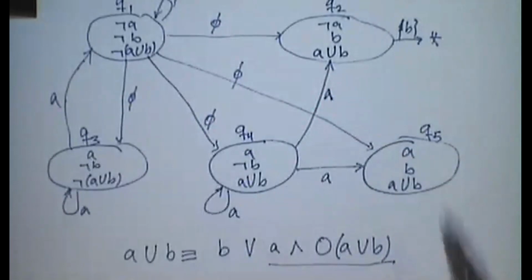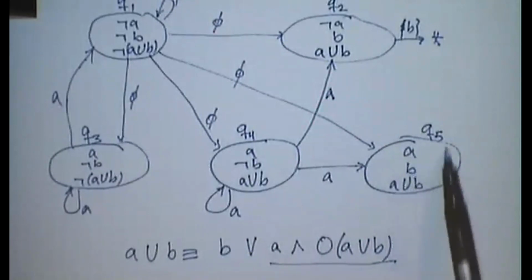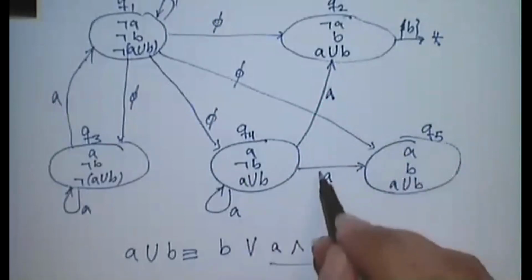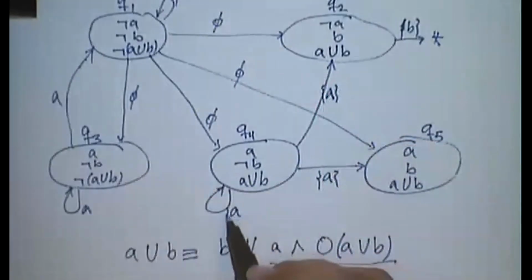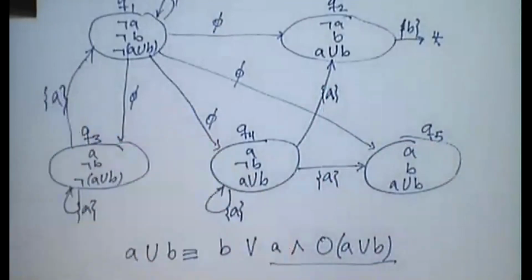Now, finally, what happens at Q5? At Q5, we have A and B and A until B, right? So first of all, any edge that goes out of Q5 should be labeled by AB. Oh, and these labels should be sets, right? Sorry about that. I forgot to put the sets notation. These are all sets. Okay.